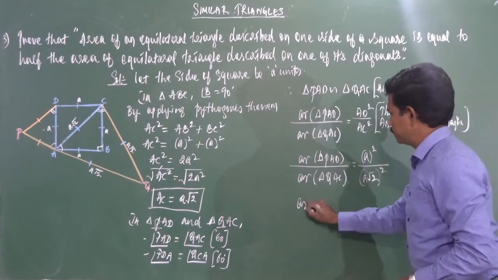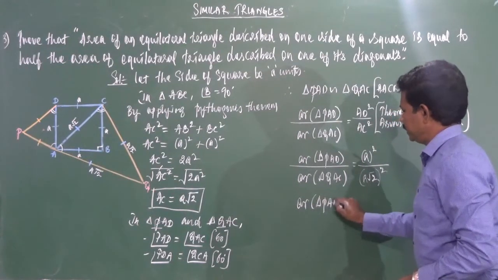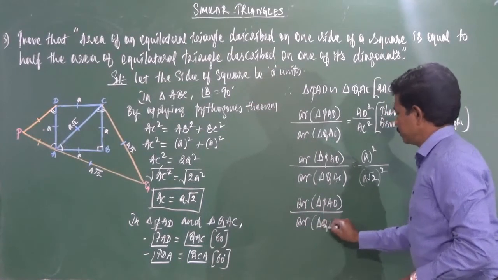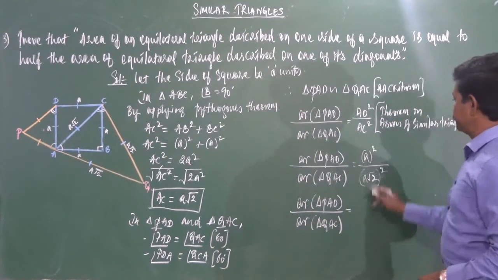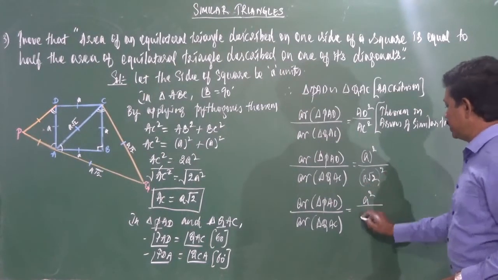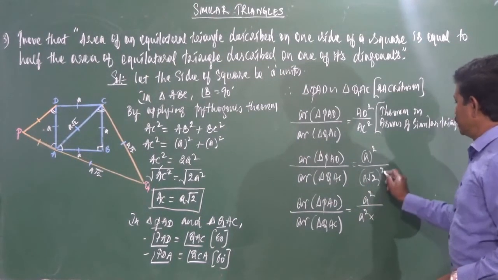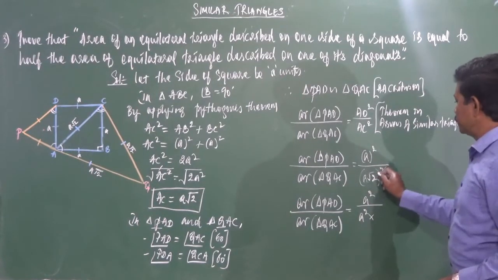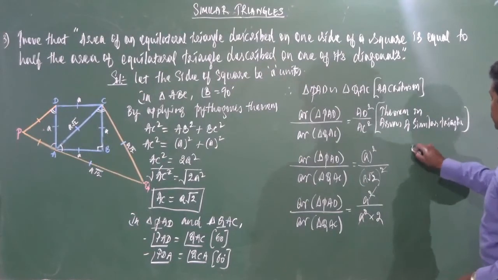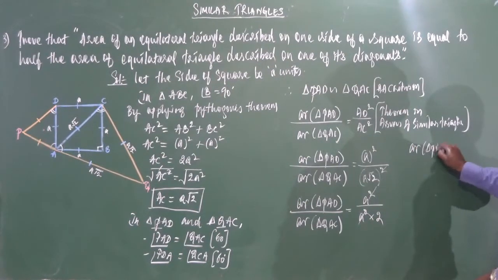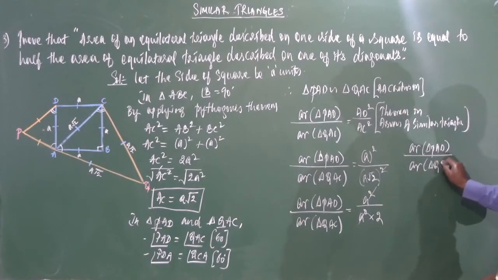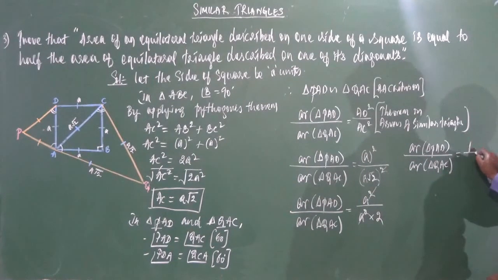So area of triangle PAD by area of triangle QAC is equal to A square by A whole square, which is A square into square and root 2, square and root 2 cancels, that is 2. So A square and A square cancels. So area of triangle PAD by area of triangle QAC is equal to 1 by 2.